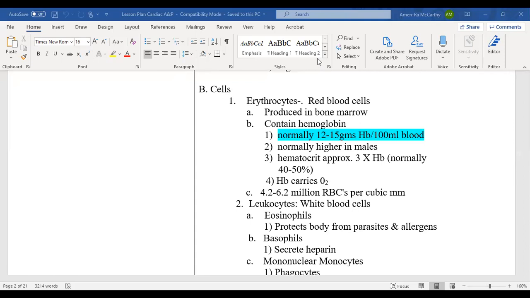Since we have bigger bones than women, we produce more red blood cells. There's another reason: women have a menstrual cycle and lose a lot of blood cells every month. So those are two reasons why males have more red blood cells than females. Okay.